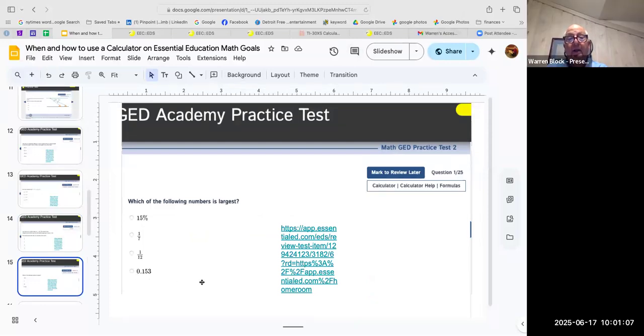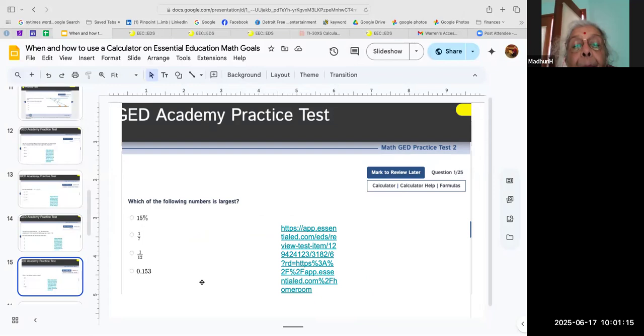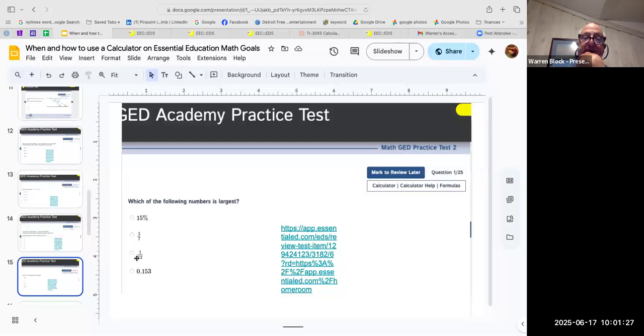Okay. Which is largest? 15%. I did this with Mahari yesterday. Obviously 0.153 is bigger than 15%, but 1/7 and 1/12. 1/7 is bigger than 1/12 because 12 is a bigger denominator, so it'll be a smaller number.